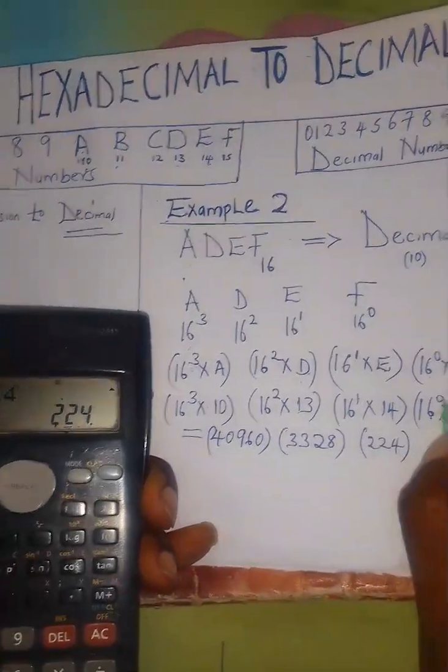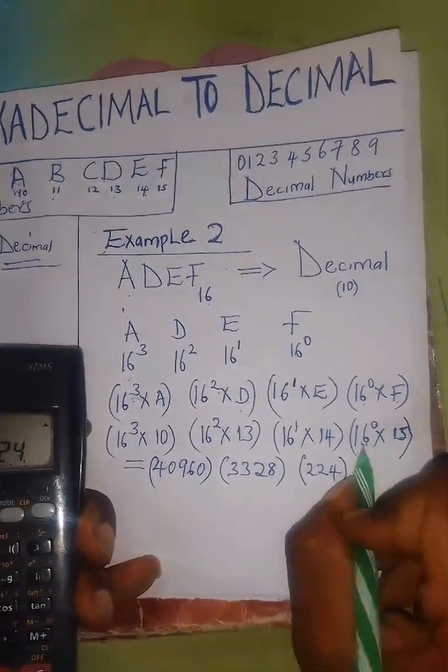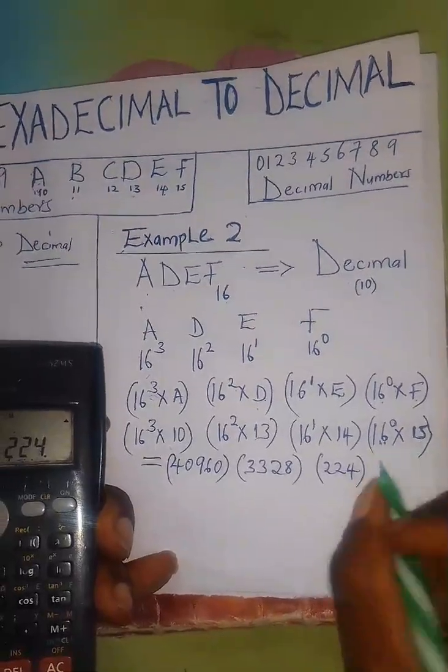What about 16 power 0? It is 1. So 1 times 15 is 15.